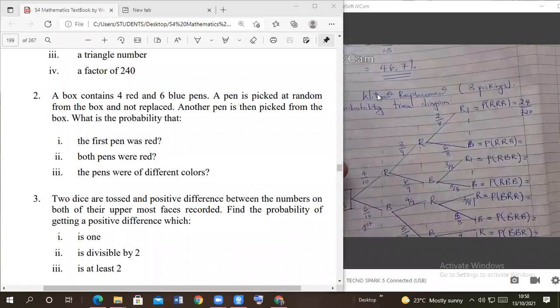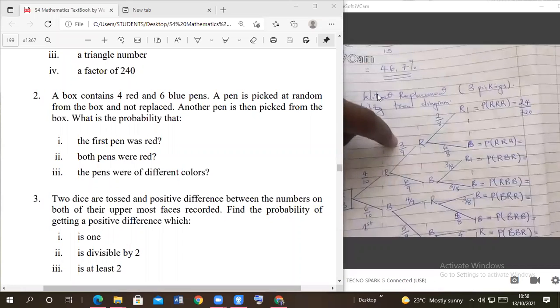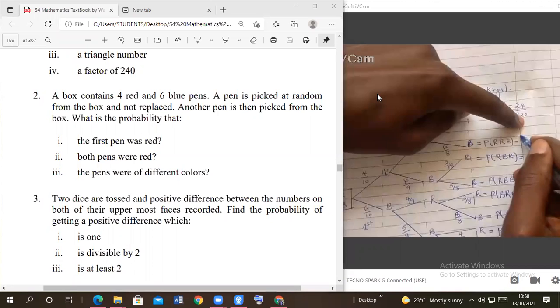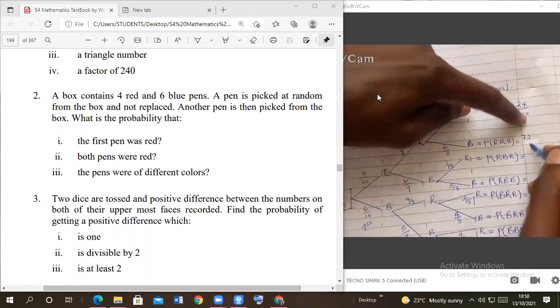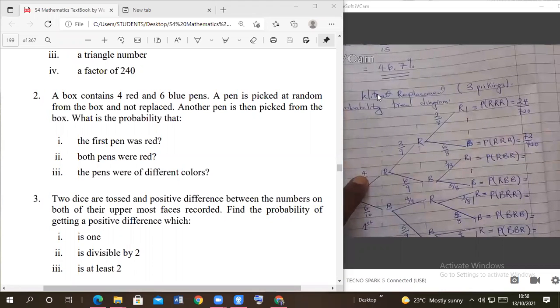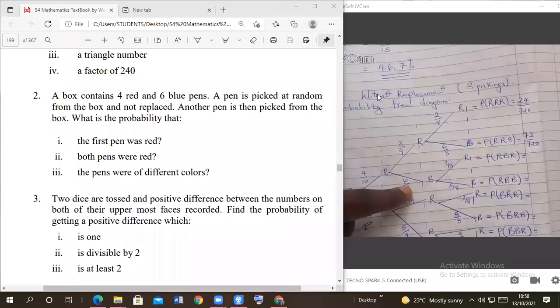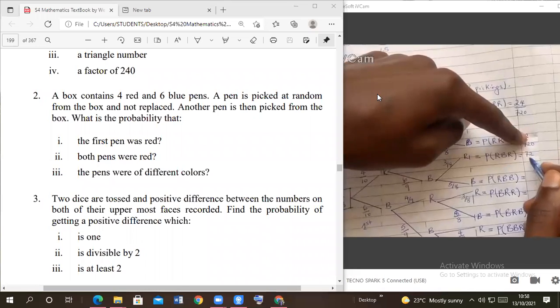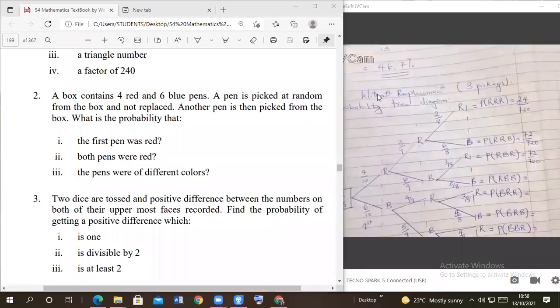Here you have 4 times 3, that is 12, times 6, you get 72 out of 720. 4 times 6 is 24, 24 times 3 is also 72 out of 720.